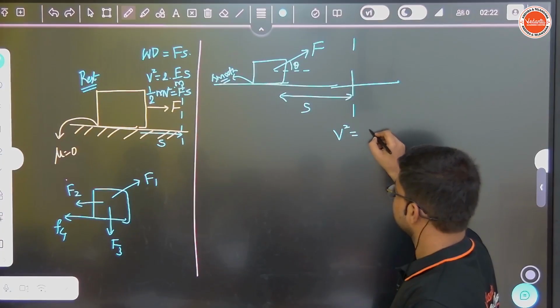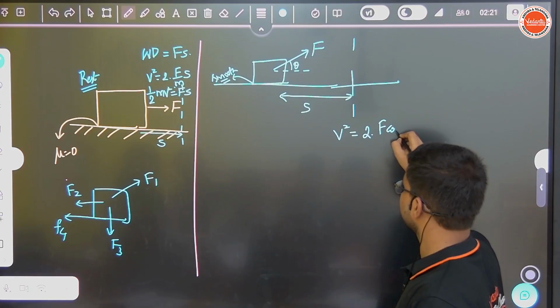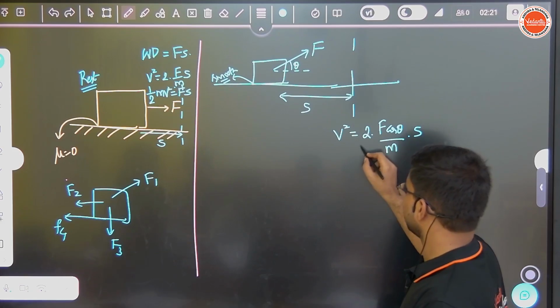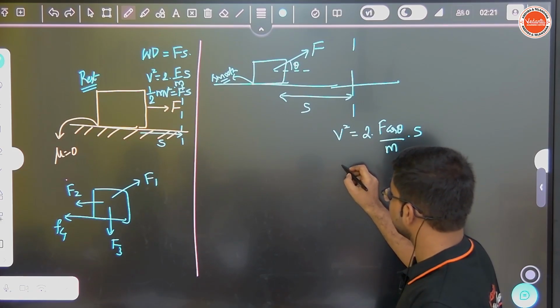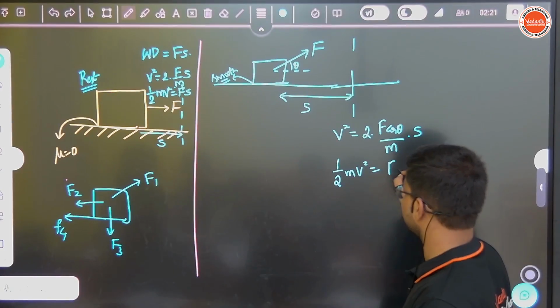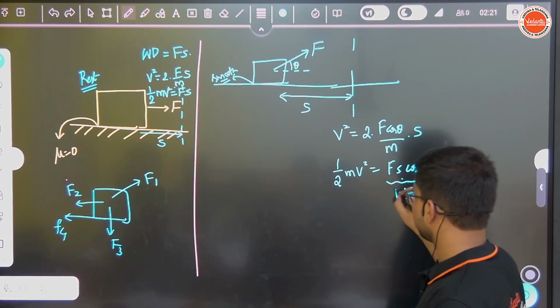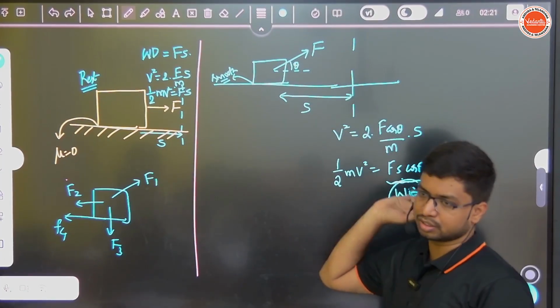What will be the V square now? 2 into what will be the acceleration? F cos theta by M into S. Clear? Now again make the rearrangement here. So 1 by 2 M V square is equal to F S cos theta. This is actually the work done by this force in this case.